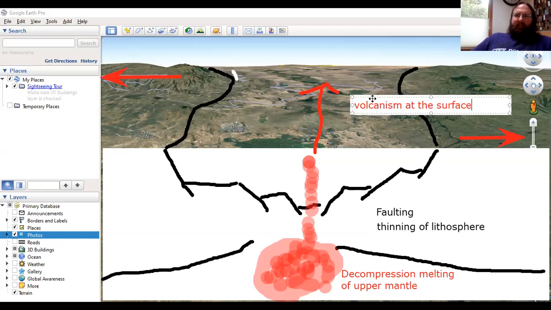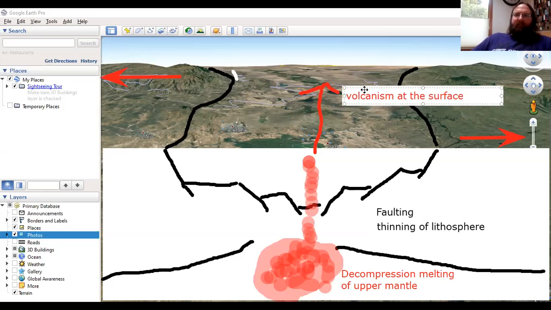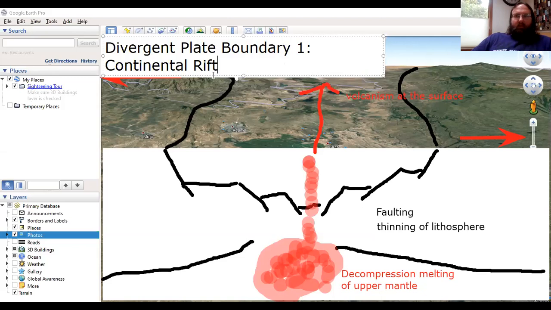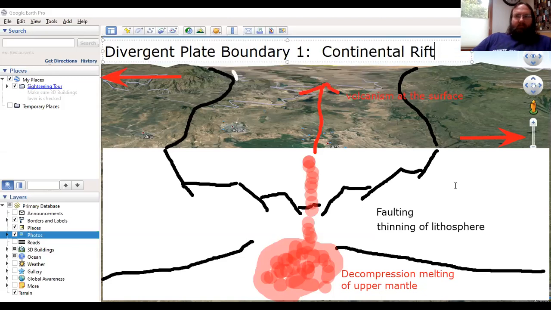And so what you're looking at here is a textbook example of a continental rift, and this is the first stage of a divergent plate boundary. Continental rift. We're going to save that right now. Boom. I'll have that popped up in the notes for you for your viewing pleasure.